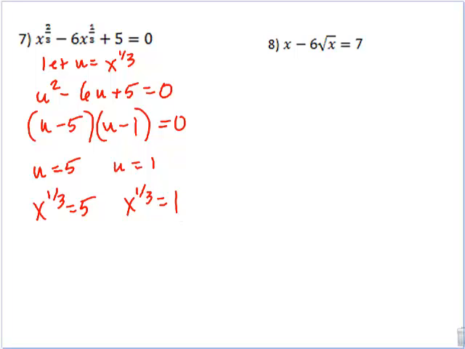How do we get rid of the x to the 1/3? Do we have to do what with it? Raise it to what power? Raise it to the third power, so we raise the other side to the third power as well. Same thing for this one. Raising this to the third power would give us just an x.